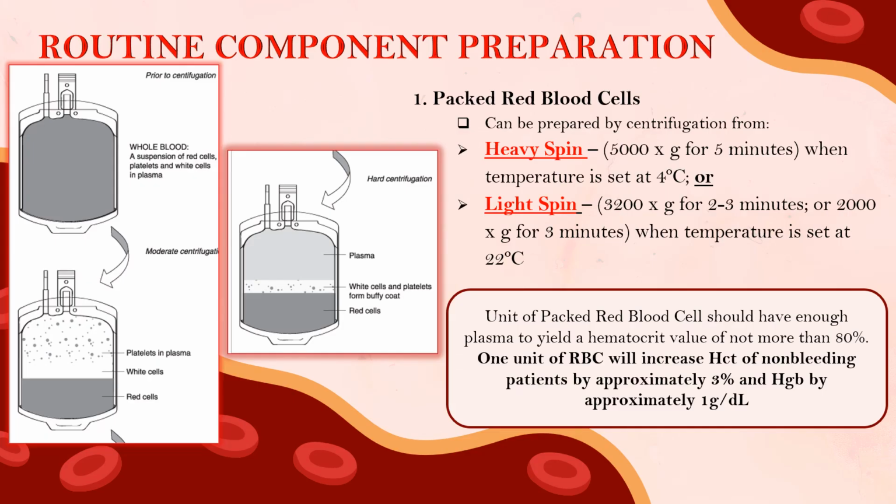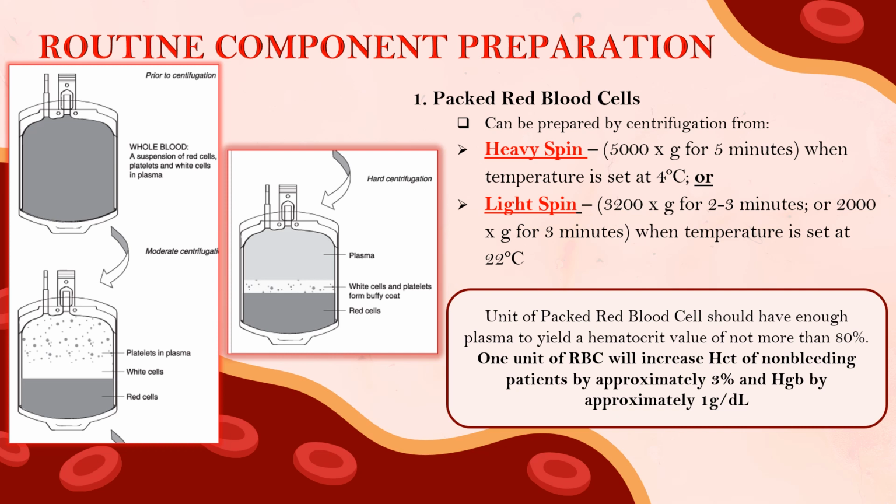Okay, moving on with your routine component preparation. First, we have packed red blood cells. Your whole blood contains three major blood components: red cells, platelets, and plasma. Now, in order to obtain the red cells, we use the centrifugation process.